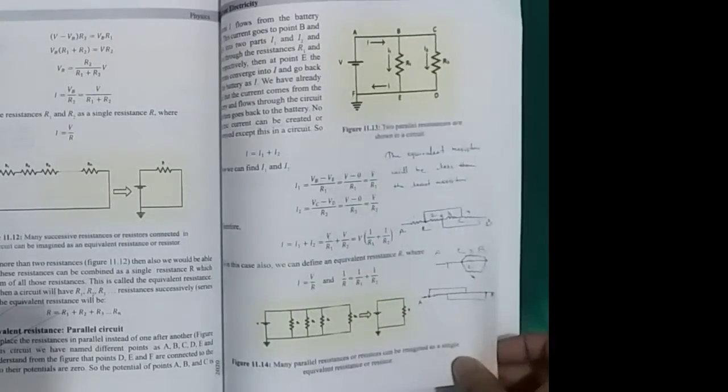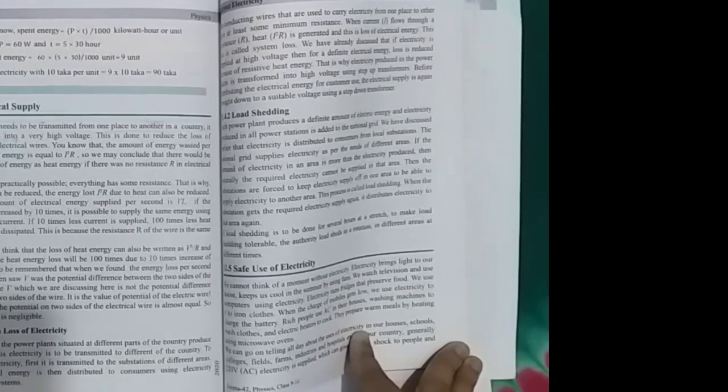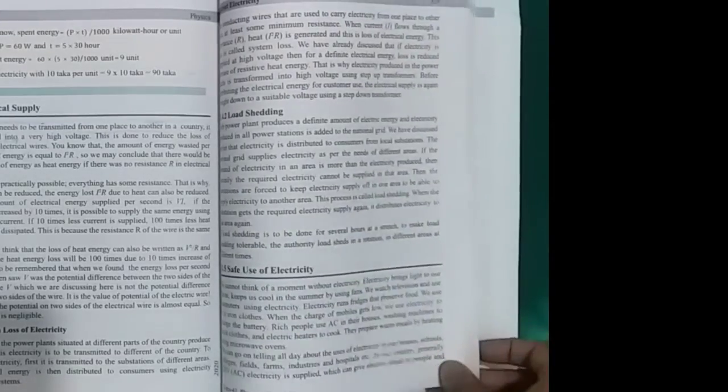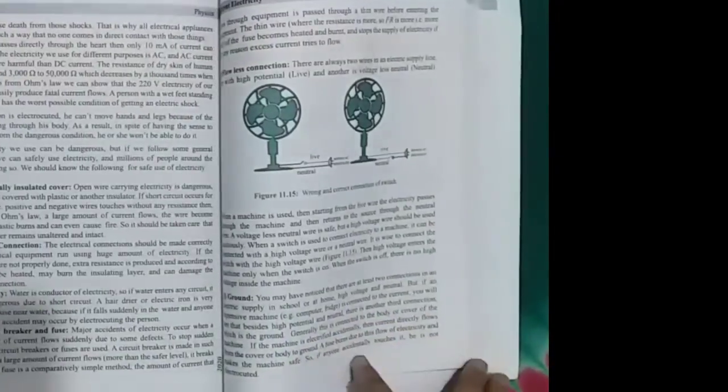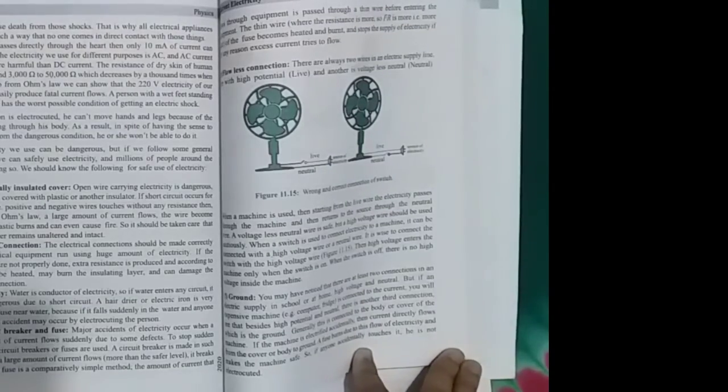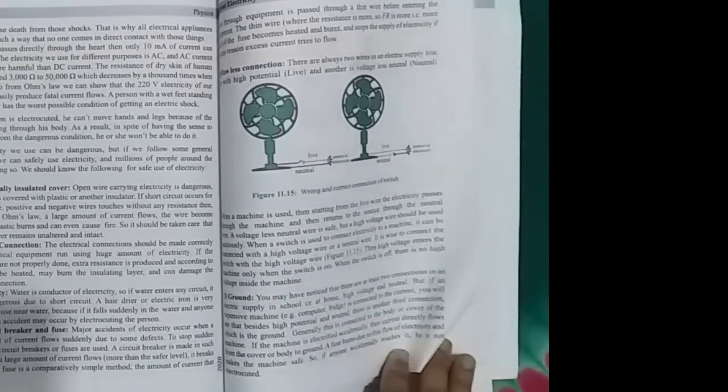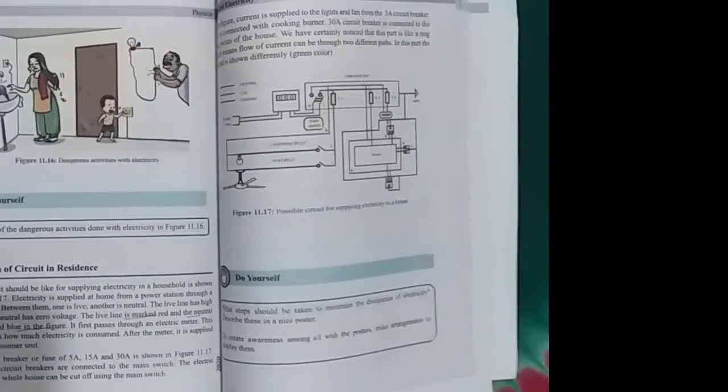We will have maths on this topic. And finally we will have the topic of electric power and electric supply, safe use of electricity. These are the important contents of this chapter, so we have to highlight these topics.